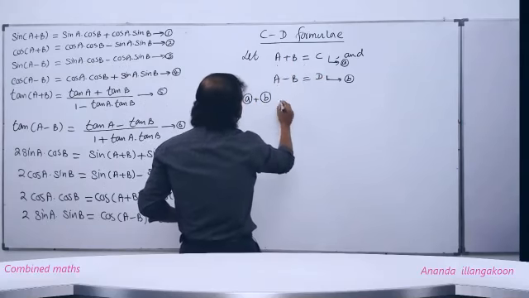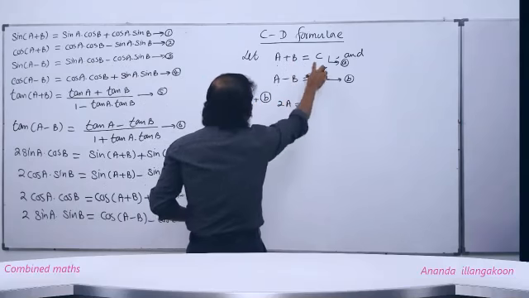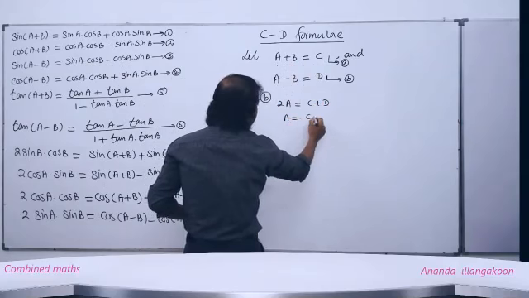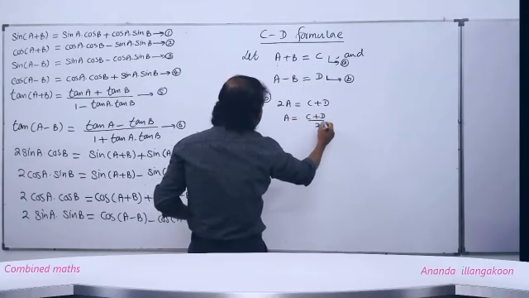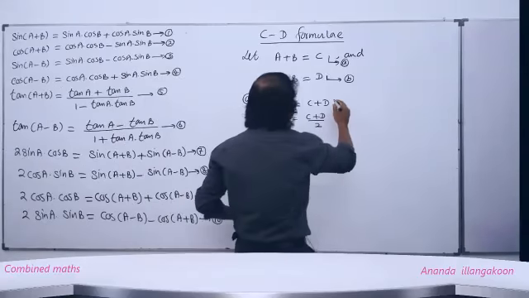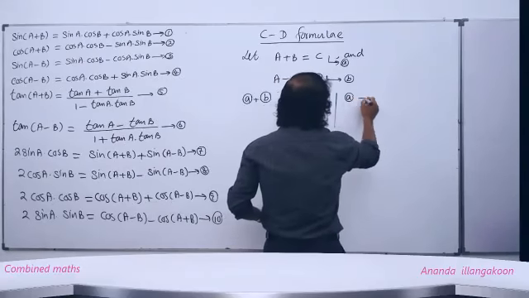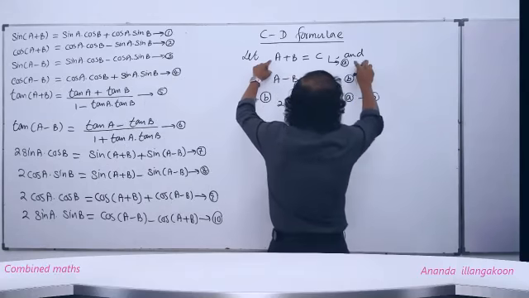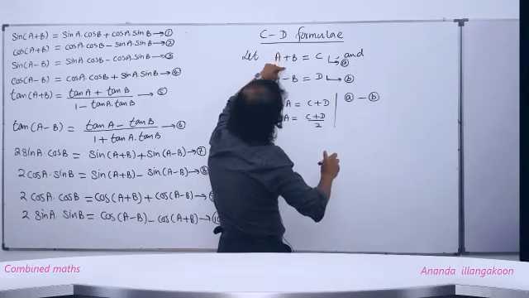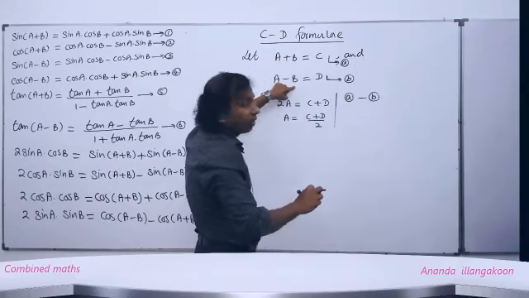A and A make 2A equals C plus D. Then A is equal to C plus D divided by 2. And we subtract A and B. A minus B. A minus A will cancel off. B minus B. Correct, no, people?